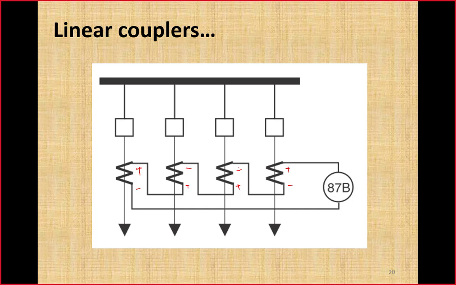So the voltage drop will be in such a way that the net sum of the voltage will be 0 when everything is normal, and the same is true for an external close-in fault. But in case of a bus fault, the polarity of all these voltages will be the same and we get a net voltage across this voltage relay because the direction of current has become the same. Now the voltages across all these linear couplers will be in series, and here we get a net voltage across this high impedance voltage relay that can easily detect this voltage, and discrimination can be made between internal fault and external fault without having an issue of CT saturation.